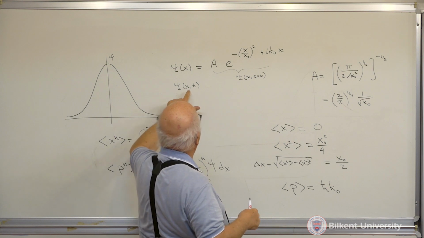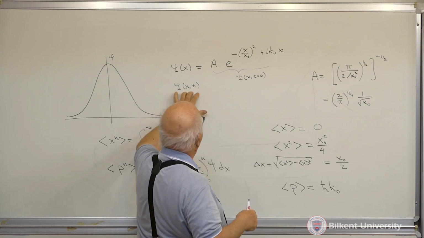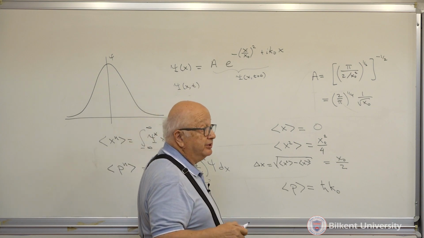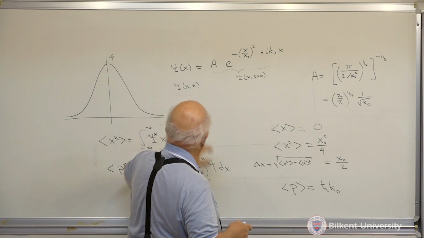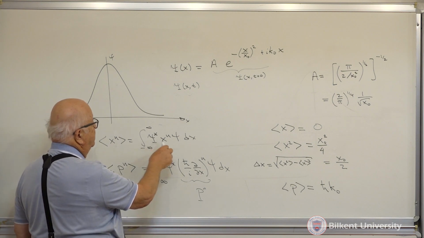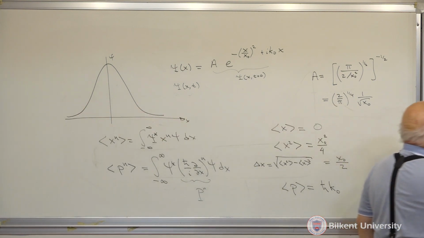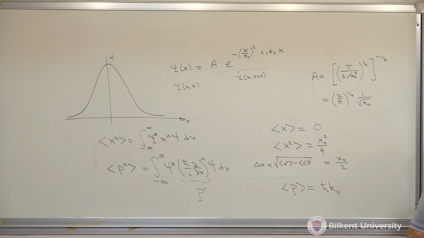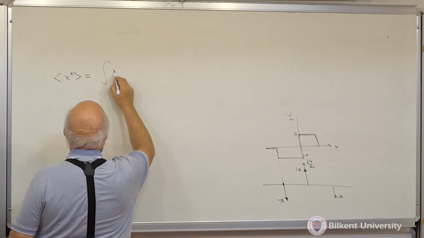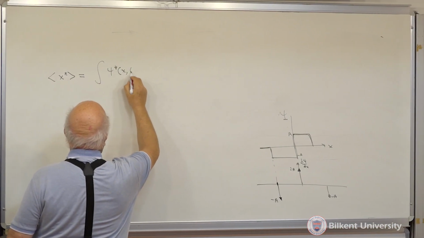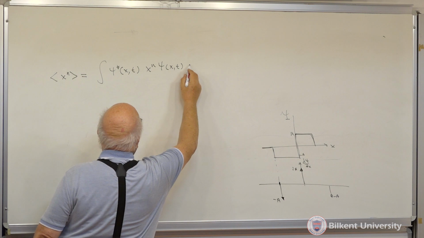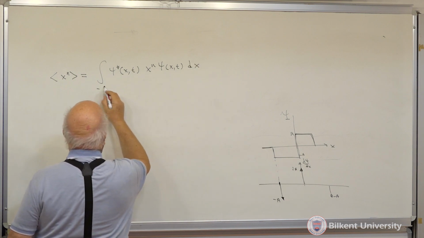And if you want to find how the average value of x changes as a function of time, then you have to actually apply Schrödinger's equation. In fact, we did this in class. The general form of the average of x to the n is going to be the integral of psi star of x and t, x to the n, psi of x and t, dx from minus infinity to infinity.